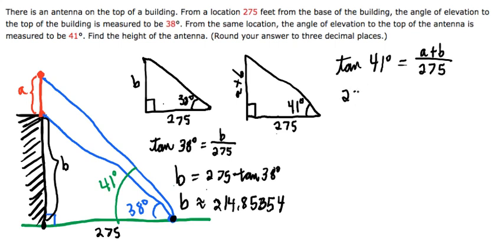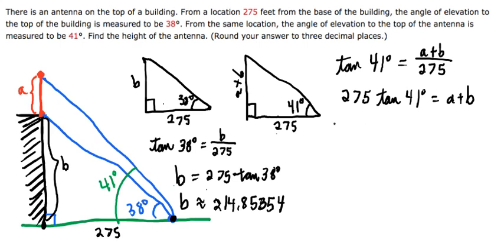We can multiply by 275 times tangent of 41 degrees there, which is equal to A plus B, and then of course we can plug in B here and also approximate this number on a calculator.